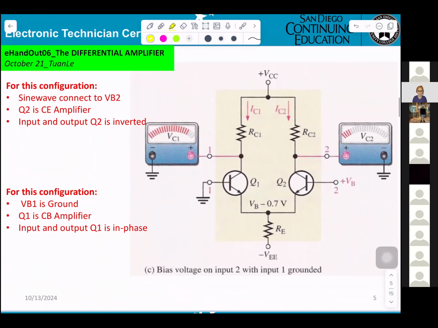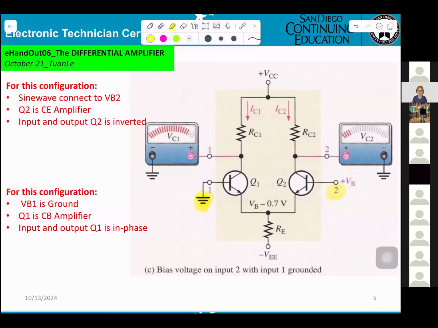Okay, try to see. Now they do something different, just the opposite of the other one. They're telling you now they ground Q1 and apply the input to Q2.